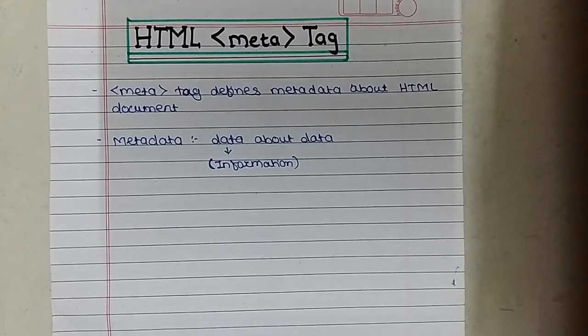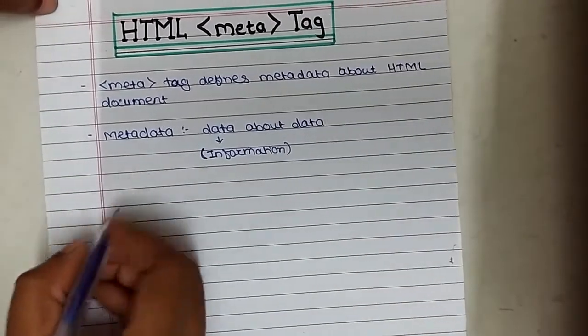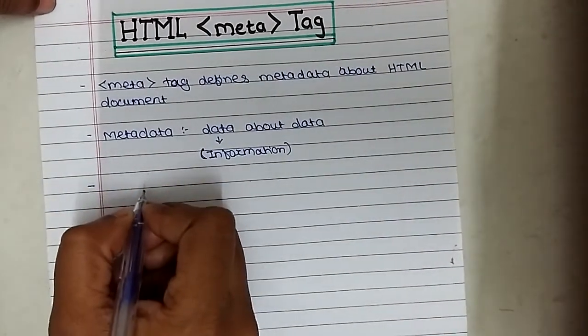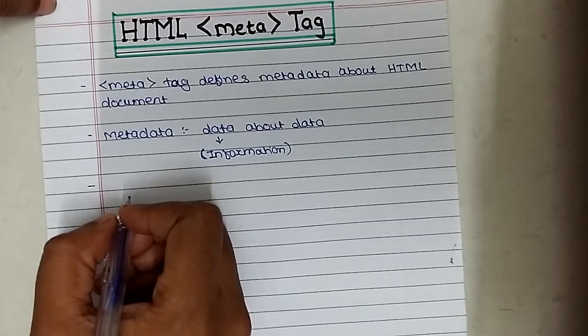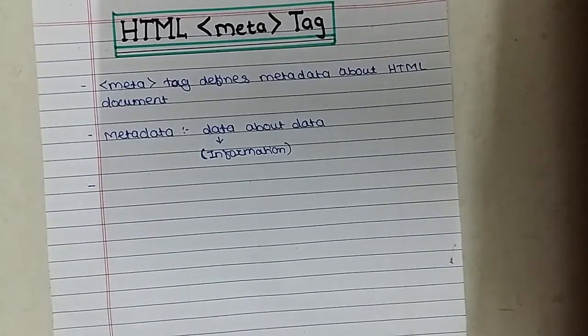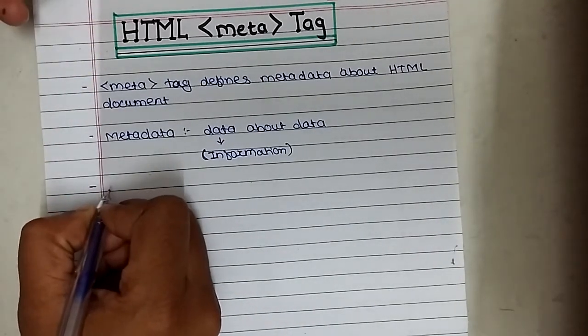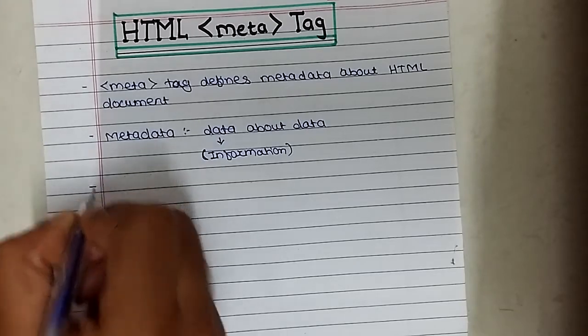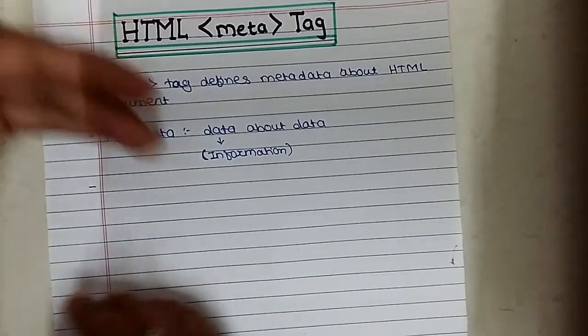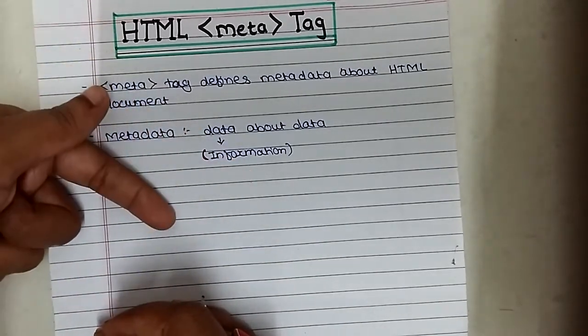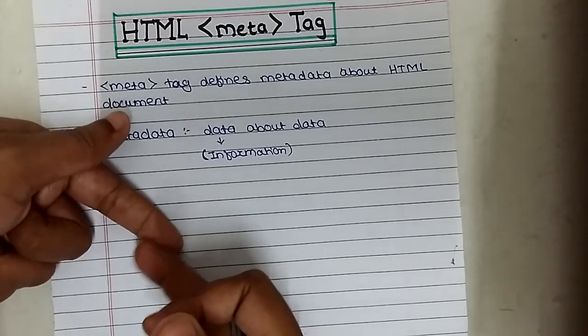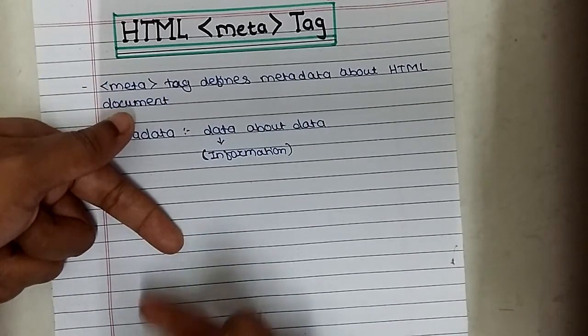The next concept: meta tags always go inside the head element. Meta tag is always defined in the head section. Your HTML document is divided into two parts: the head section and the body part.